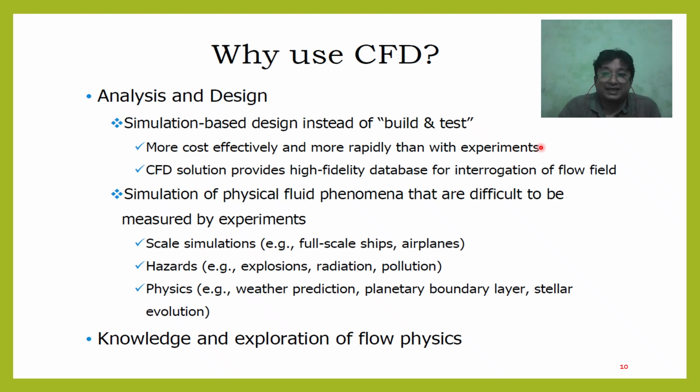When we take a chemical reaction, it might initially take hours to get started, whereas with computational methods we can justify it in a very short period of time. And CFD solutions provide a high fidelity database for interrogation of fluid flow. So this is why we use these CFD concepts.